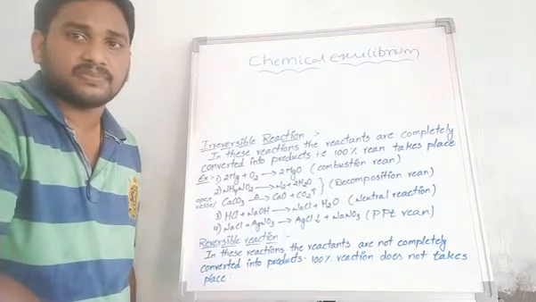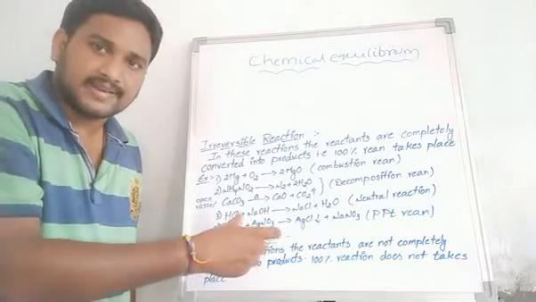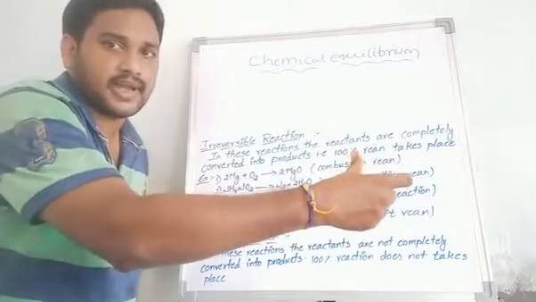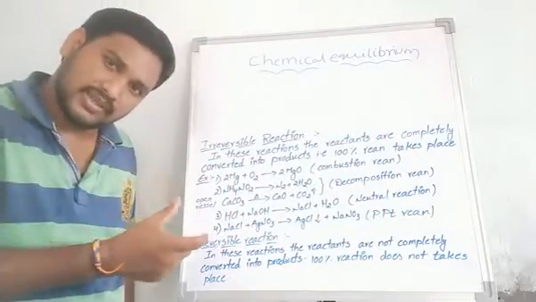Students, in reversible reactions, reactants are converted to products and products are again converted to reactants. Reversible reactions have a forward reaction, where the reactant is converted to the product, and a backward reaction, where the product is converted back to the reactant.